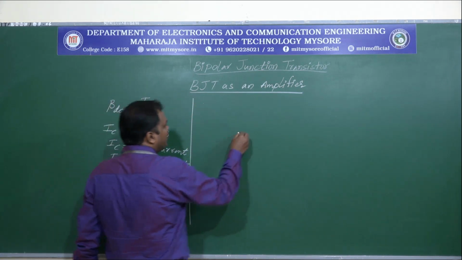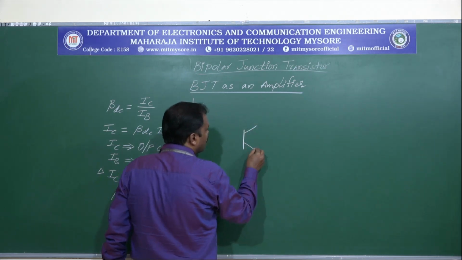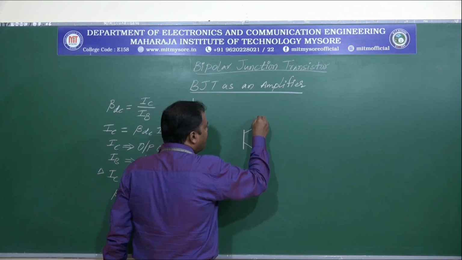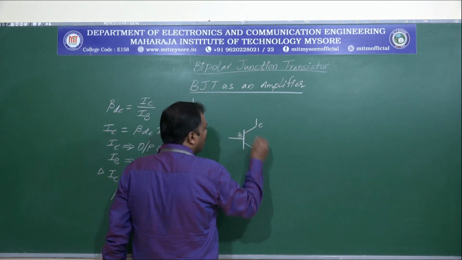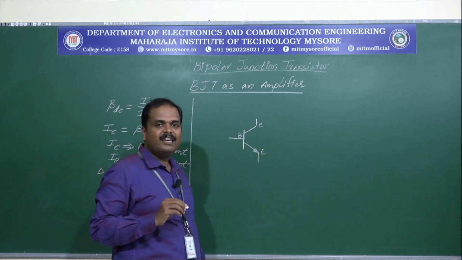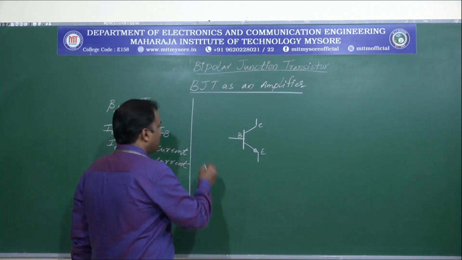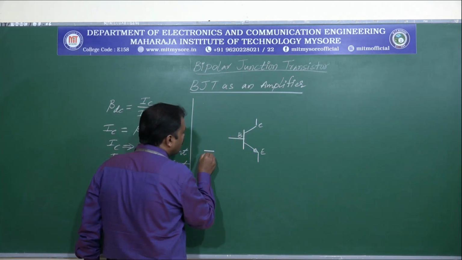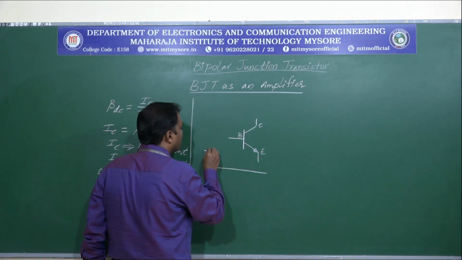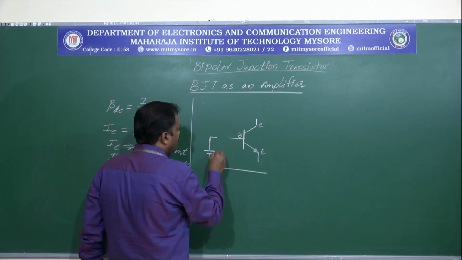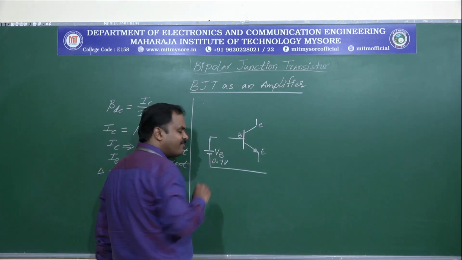So let me consider an NPN transistor which is connected in common emitter configuration, and here let us say this has got a biasing voltage VB which is equal to 0.7 volt.